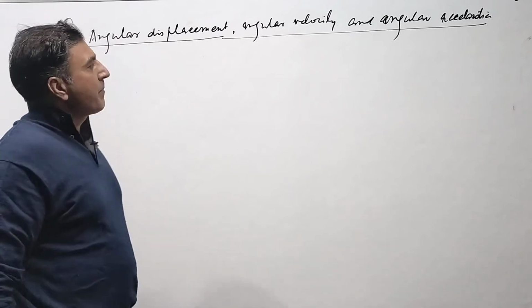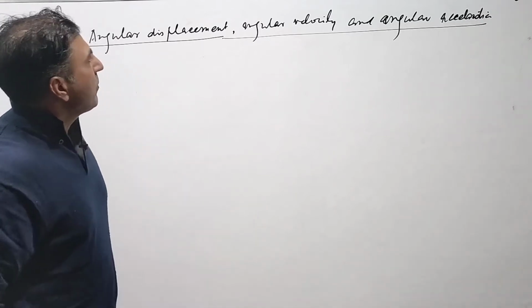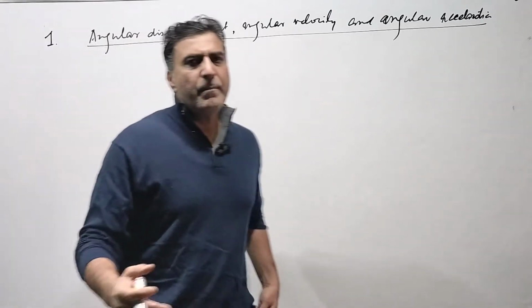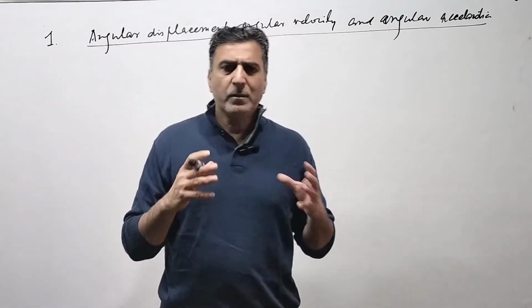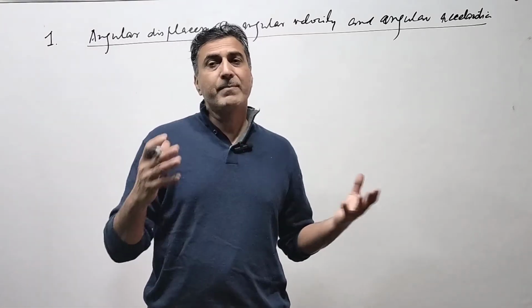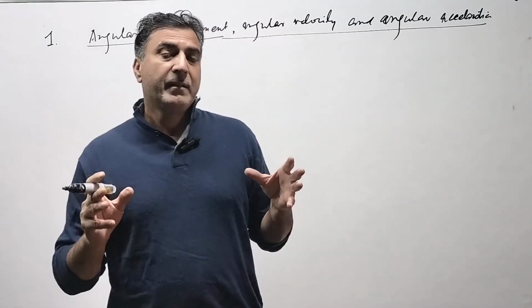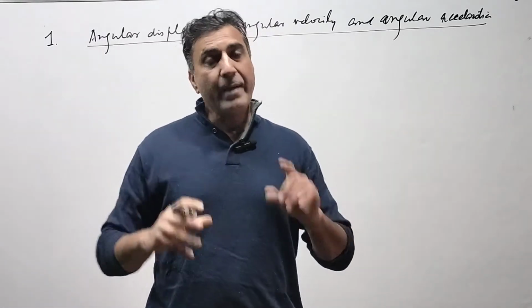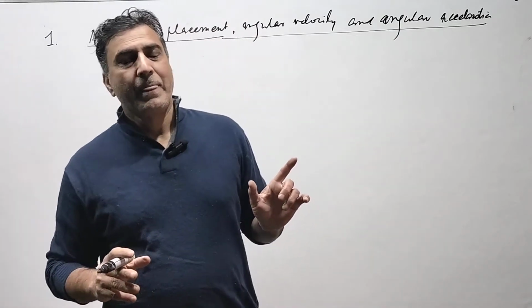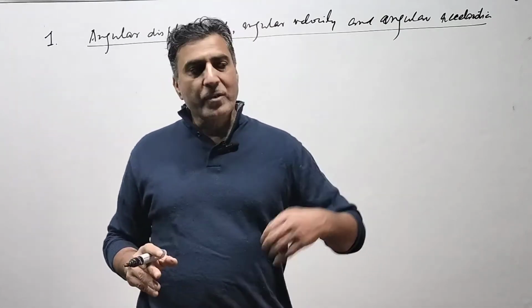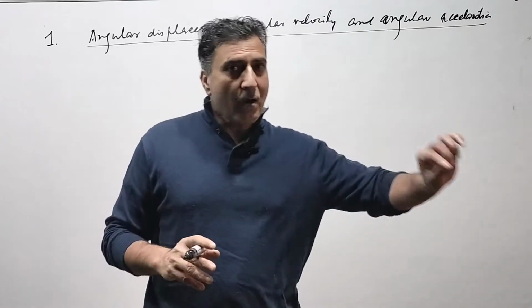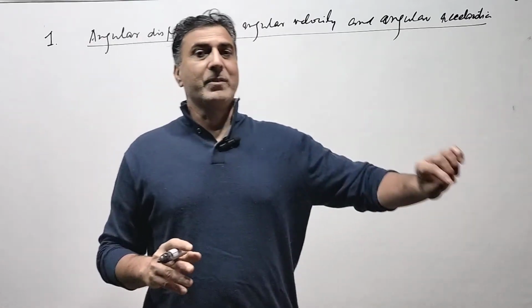Angular displacement, angular velocity and angular acceleration. First of all, these elements are not defined arbitrarily, they are defined about a point. Angular velocity about a point, angular displacement about a point, angular acceleration about a point.